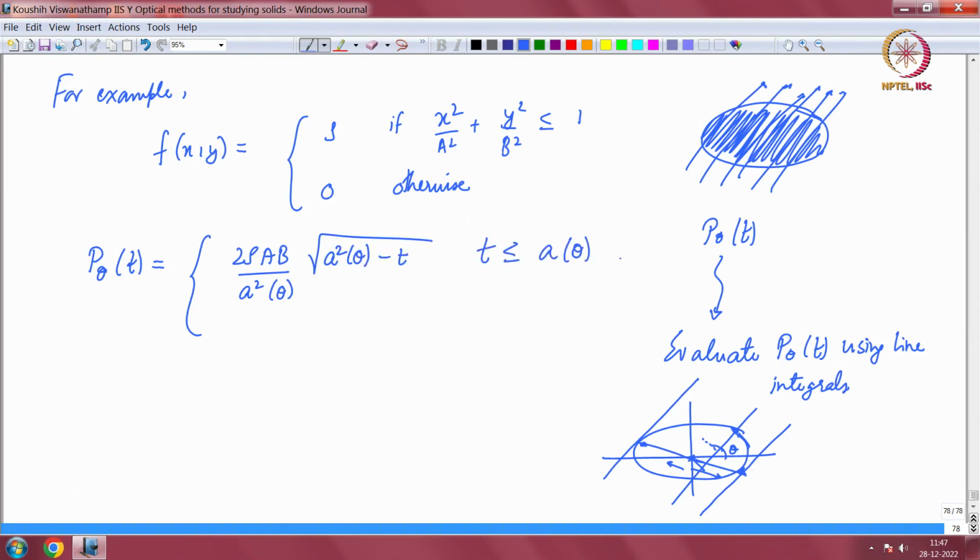So, if you do this transform, you will get something that looks like this for p of theta t, and a of theta of course is a square cos square theta plus b square sin square theta.